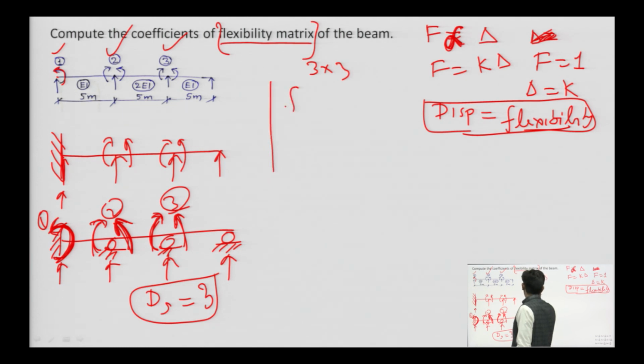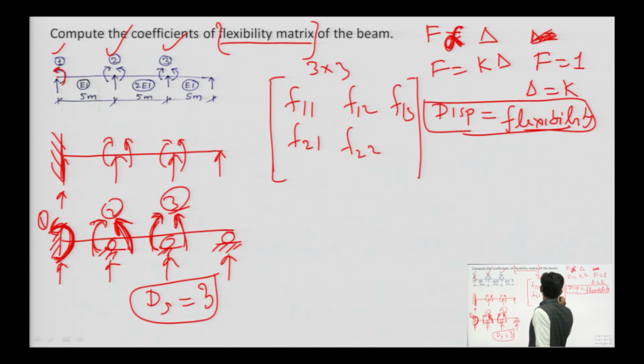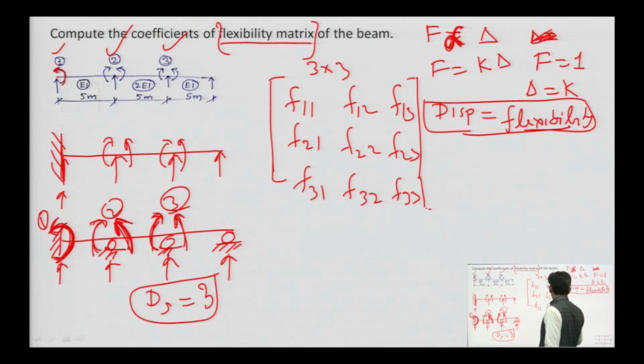That will be arranged as F11, F12, F13, then F21, F22, F23, then F31, F32, F33.